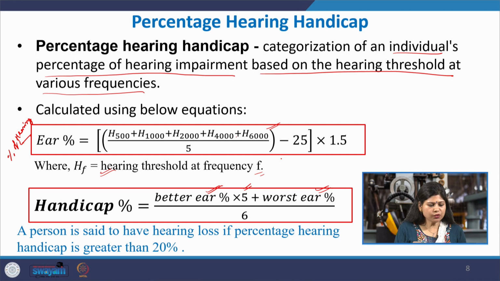So, once you use the formulation and you have found for both the better ear and the worse ear the percentage of hearing, you take 5 times the value of the better ear and 1 time the worse ear and find out another average, and you get the percentage hearing handicap, and usually any person having it greater than 20 would be qualified as having hearing loss. So, less than 20 is not considered as a hearing loss.